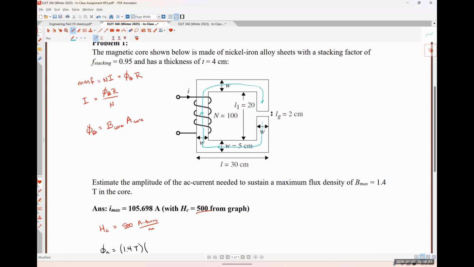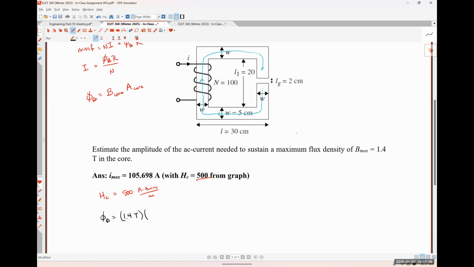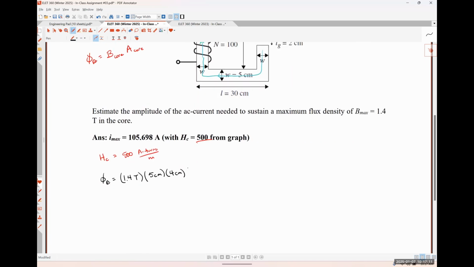We're just looking effectively for the cross-sectional area of our core, right? Well, our width is 5 centimeters and our thickness is 4 centimeters. So 5 centimeters times 4 centimeters. And we probably need to do a conversion factor as well. So a Tesla is a Weber per, actually.